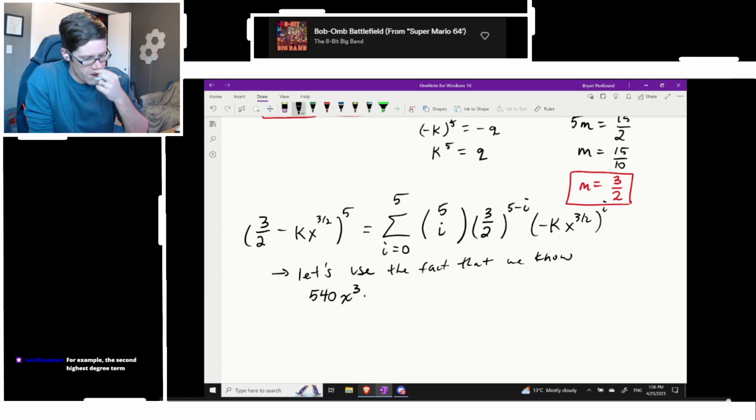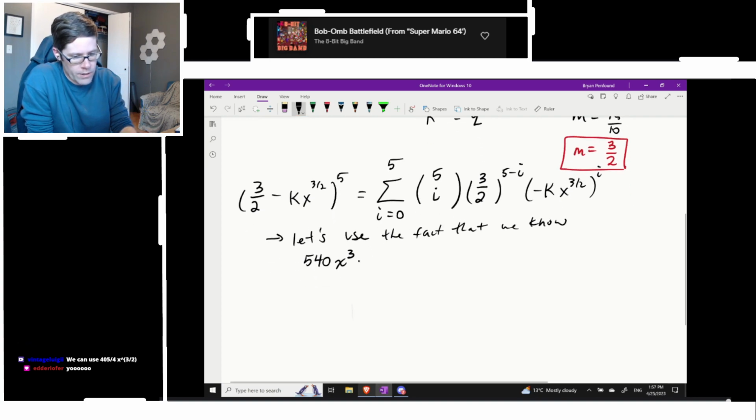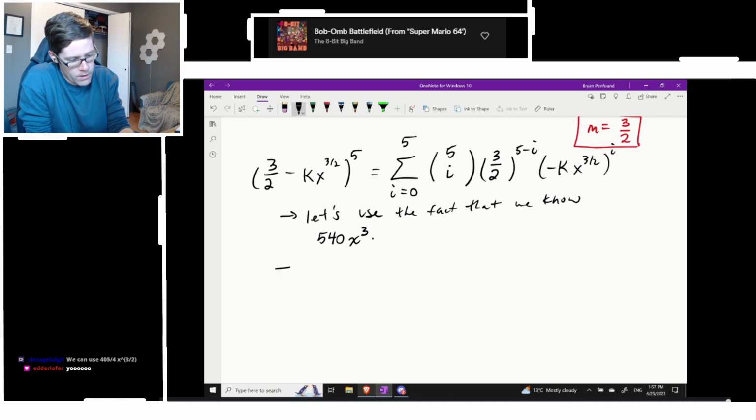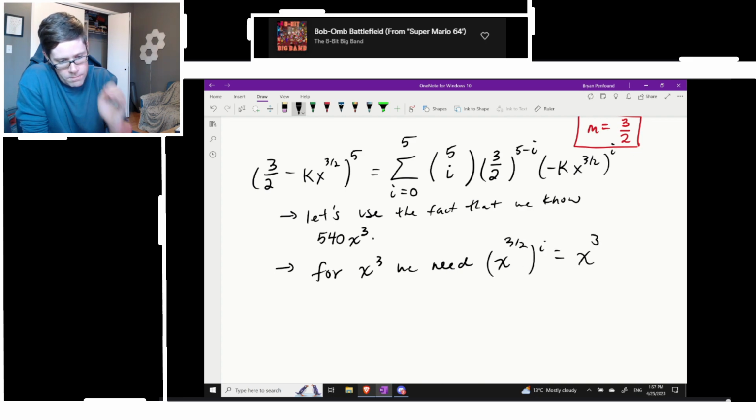Well, considering our first term a doesn't really have any x's in it, it should be relatively straightforward to see which value of i we need, right? So we need x to the 3 over 2 to the i to be equal to x to the 3.